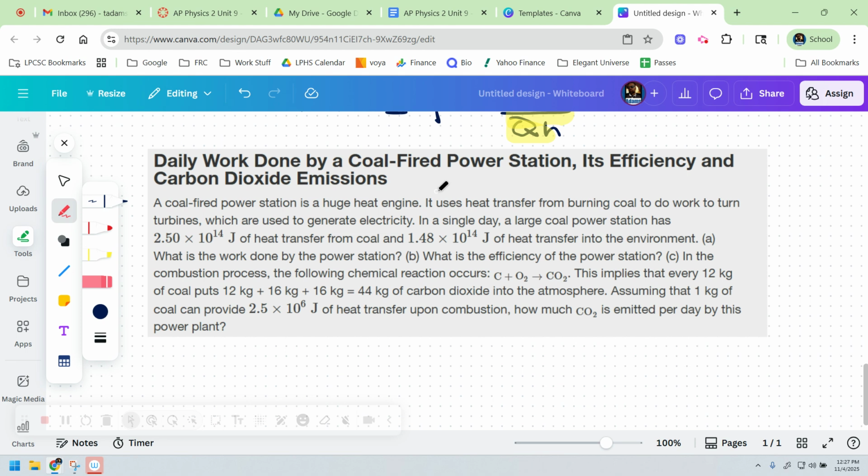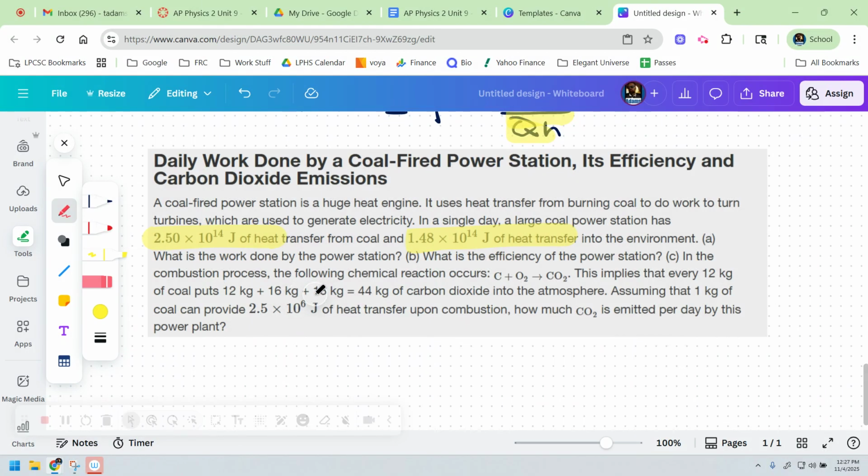In a single day, a large coal power station has 2.5 times 10 to the 14 joules of transfer energy from coal, which has 1.48 times 10 to the 14 joules of heat transfer into the environment. A, what is the work done by the power station? And then B, what is the efficiency of the power station?